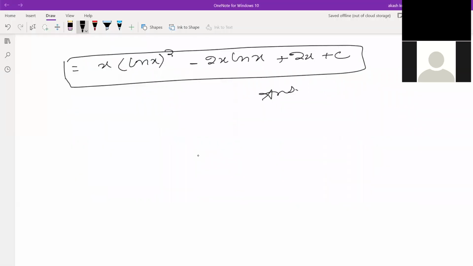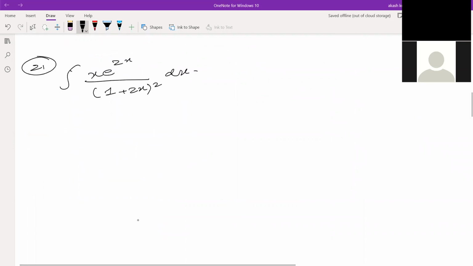Question number 21 is x e to the 2x over (1 plus 2x) whole square dx. So we now have to identify what is our u and what is our dv.